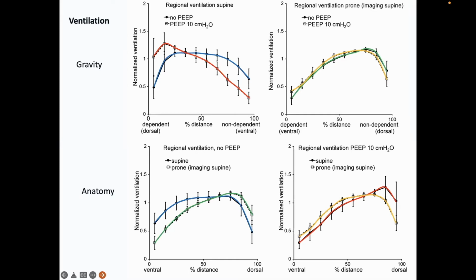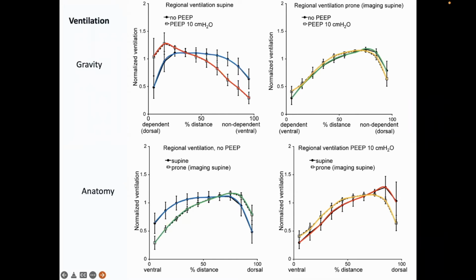So the ventilation is not that great in the dorsal, not that great in the ventral. That's the so-called expanded lung. That's where not much ventilation is happening. But it's sort of homogeneously distributed, isn't it?